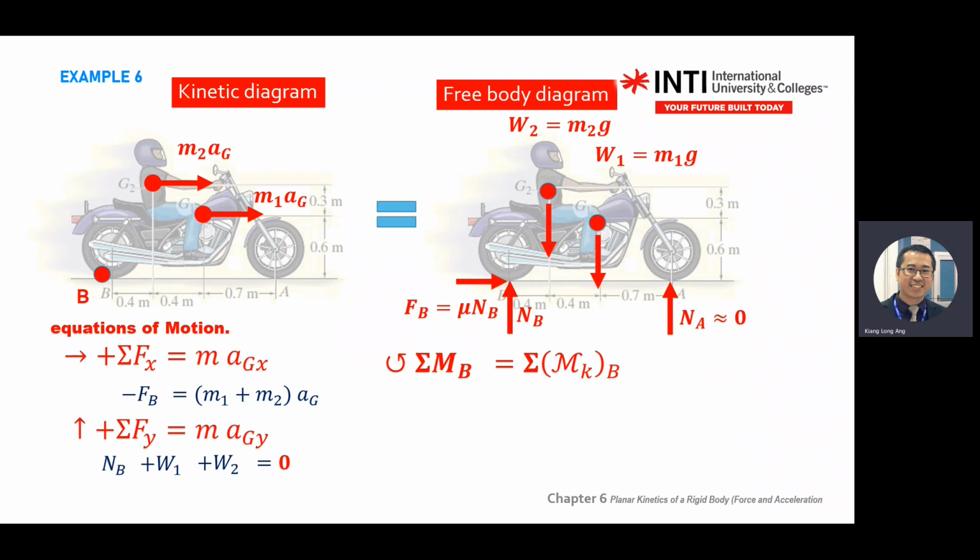What if I reverse the question? One wheel and then two wheels. What deceleration do I need so that my vehicle drops, my front wheel drops? Try to think, how do you solve that question?